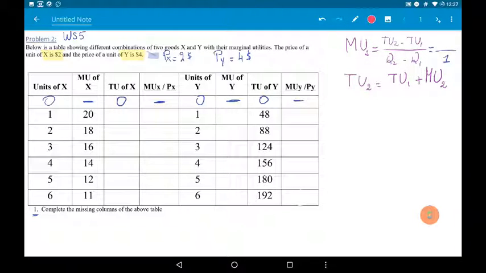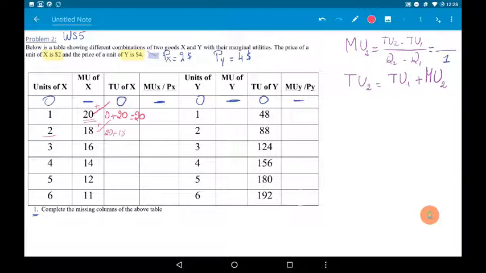Okay, now let's move on to calculate total utility of X. As we said, total utility equals the utility just before, so 0, plus the new utility, the utility for this quantity. So it's 0 plus 20 equals 20. Again, total utility for quantity equals 2. It's the total utility just before plus the marginal utility.